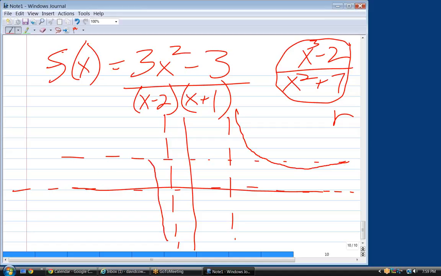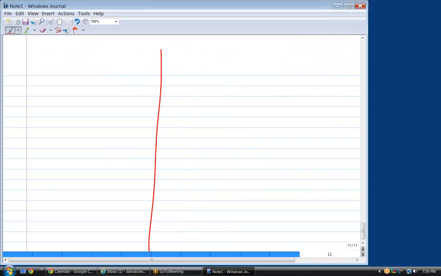Same thing it could do over here. It could cross the asymptote and come back and approach it. Remember, the definition of an asymptote is that's what the function approaches as you go to negative infinity on the x-axis or positive infinity on the x-axis. And the same thing if you happen to have an oblique asymptote.